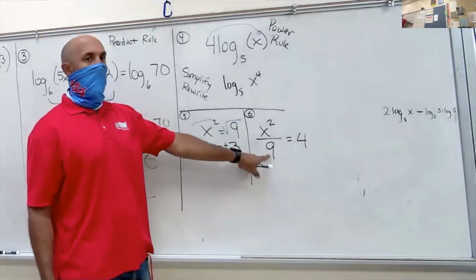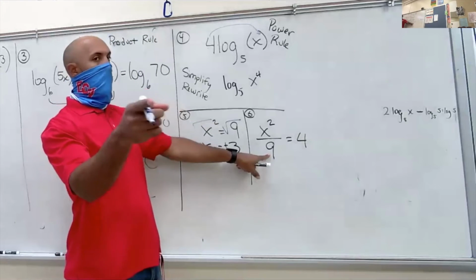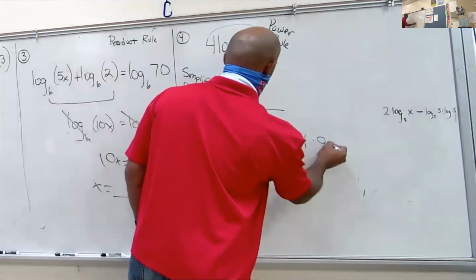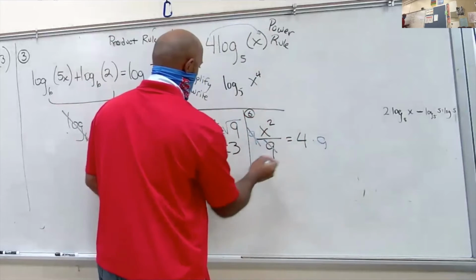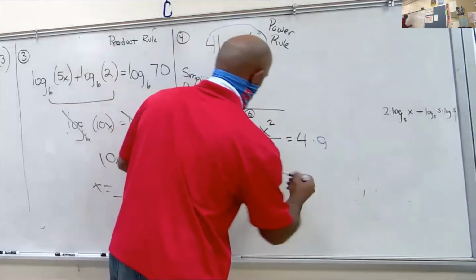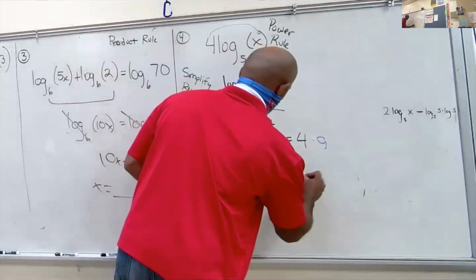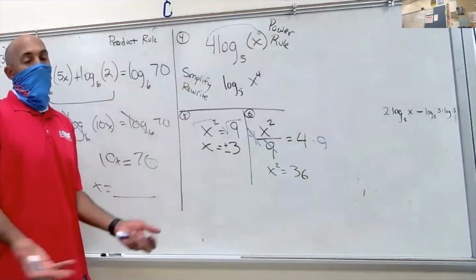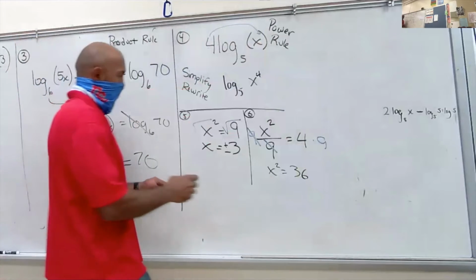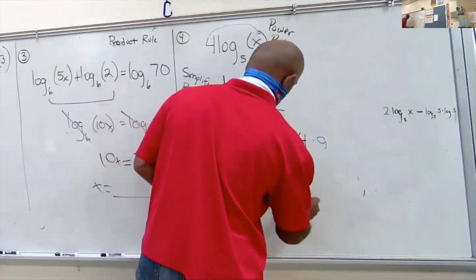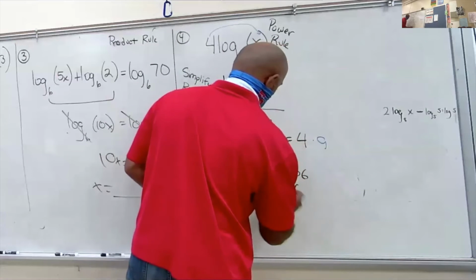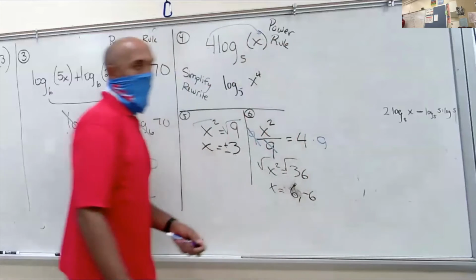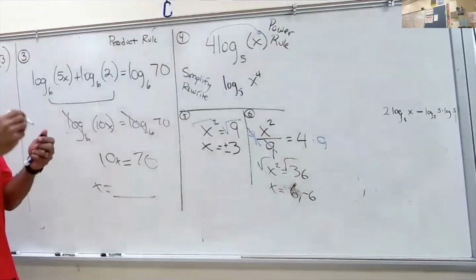What are we doing here? Multiply. Multiply what, Natalie? 9. Multiply 9, both sides. So that cancels. X squared equals 36, and it's the same steps. Square root. All right, square root, and what do we end up with? Plus or minus. All right, plus or minus 6. Now you could write this as x equals 6, comma, negative 6, if you want to write them out separately, or you could do plus minus.